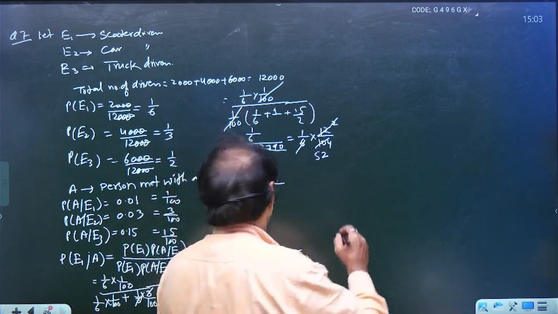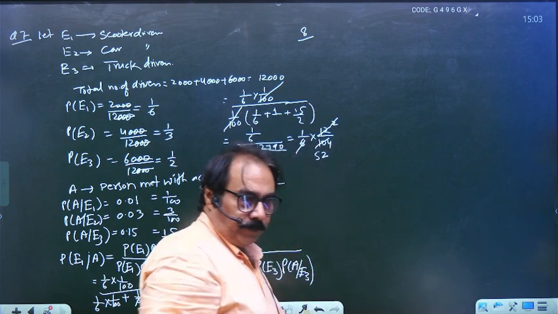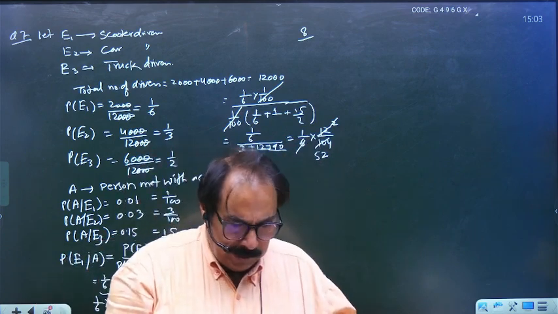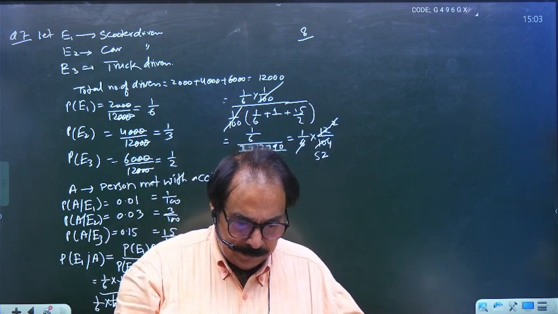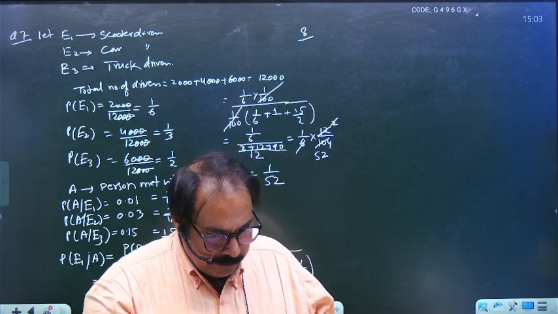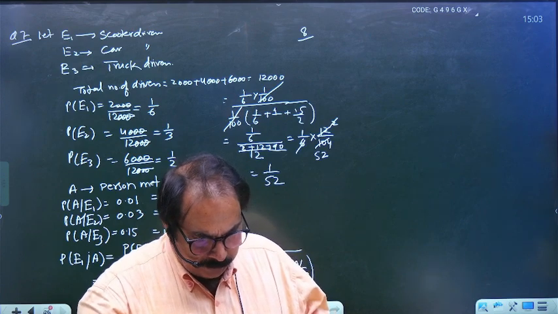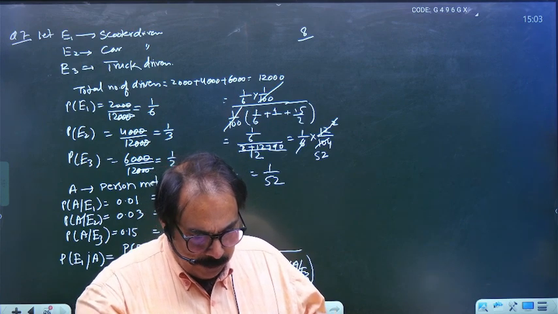Now move to the next question, that is question number 8. A factory has two machines, machine A and machine B. The past record shows that machine A produced 60% of the items and machine B produces 40% of the items.